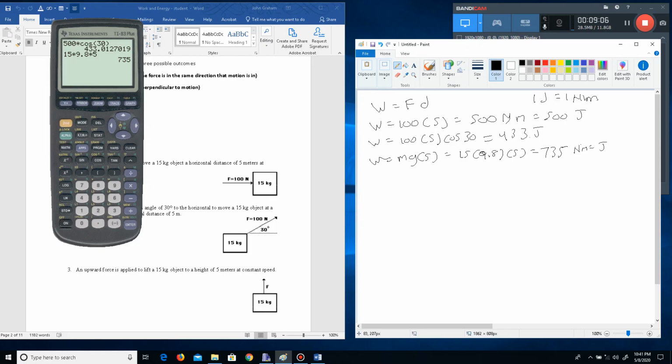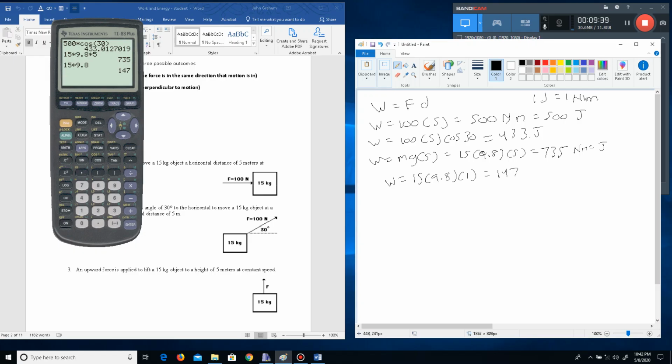Alright, so lifting it up against gravity ended up having the most. Now we can think of it this way. Let's say we only lifted it 1 meter just to get it off the ground. And so the work is going to be 15 times 9.8 times 1, which will be 147.